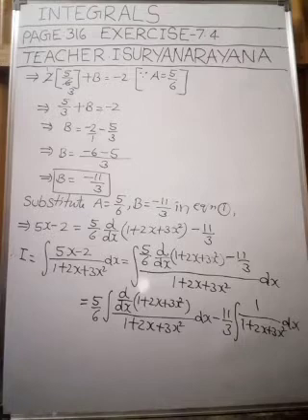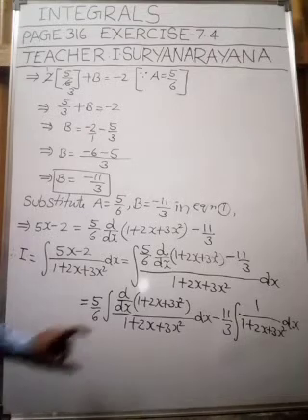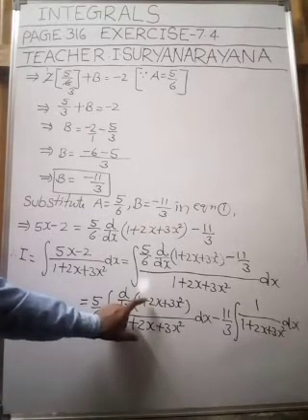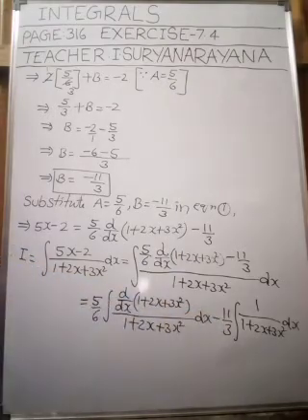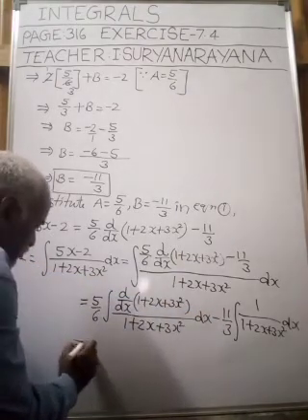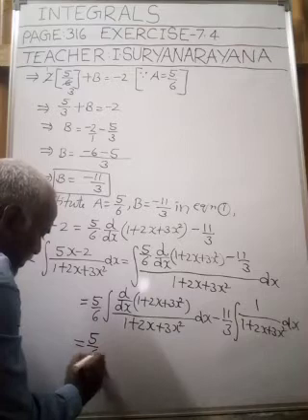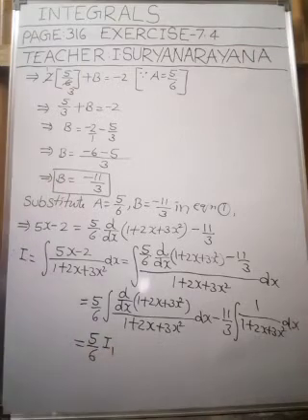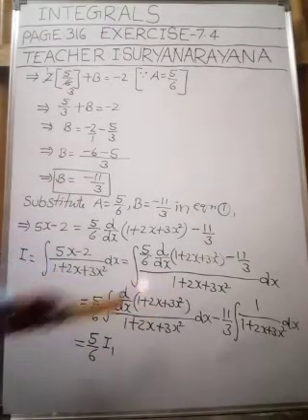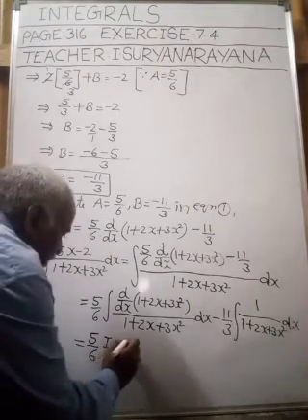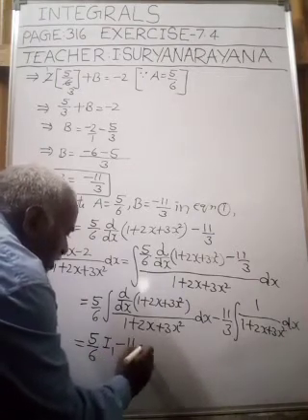Understood, my dear children? Right. So let us assume that this is I1 and that integral is I2. So 5 by 6 I1, let us assume that this is I1, minus 11 by 3 I2.